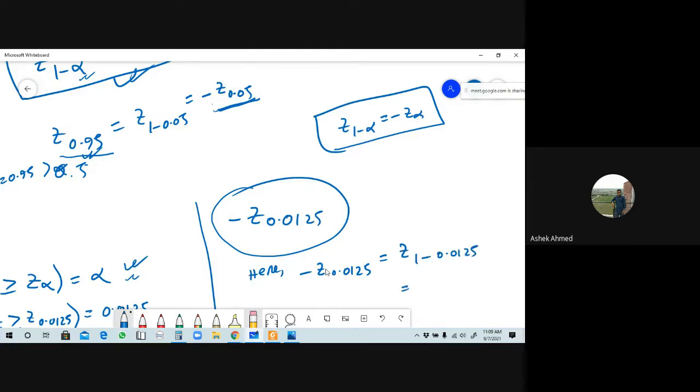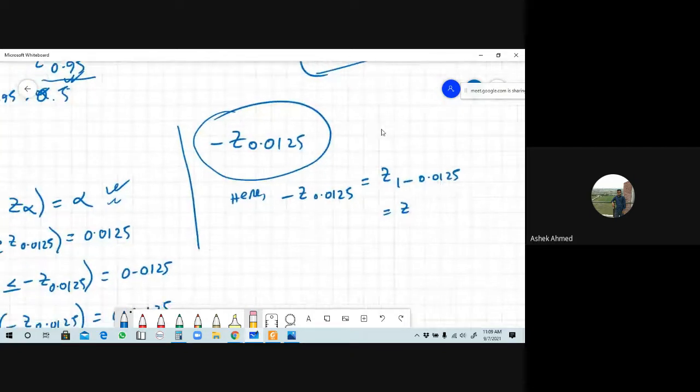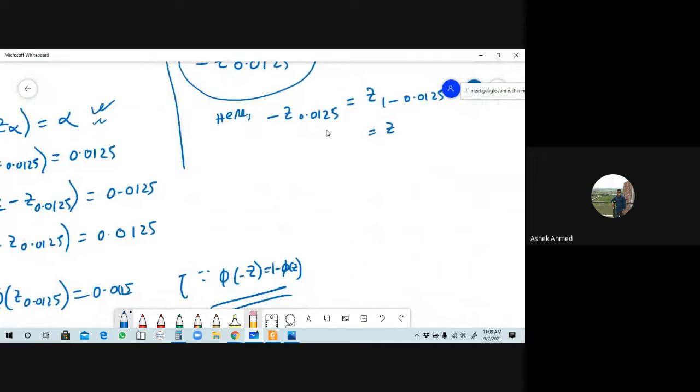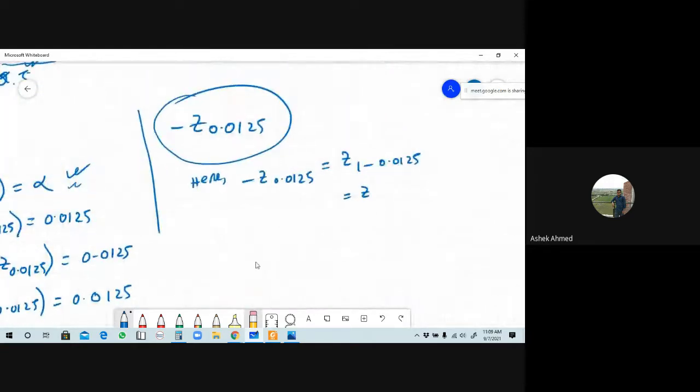Understand? So this value will be z suffix, and here what we get is 9875. If we subtract this from 1, that will be 0.9875.